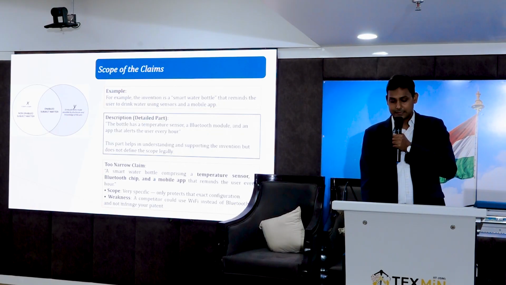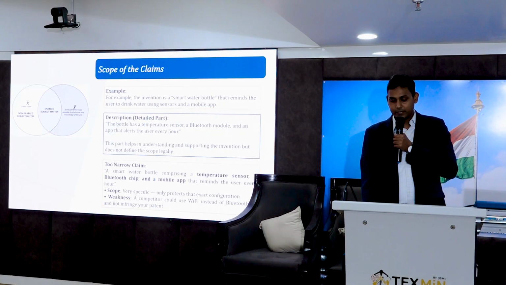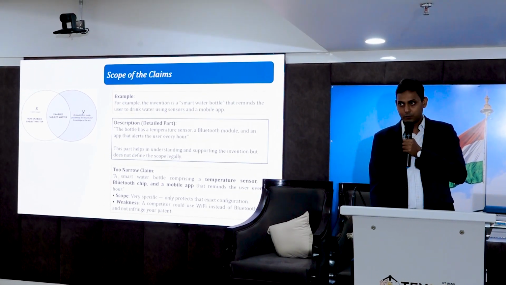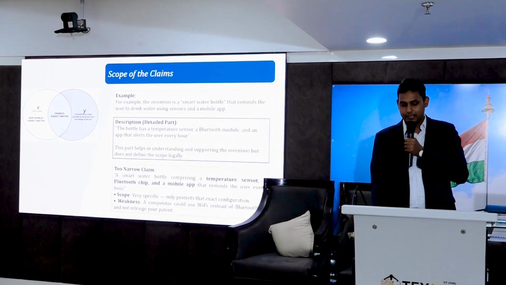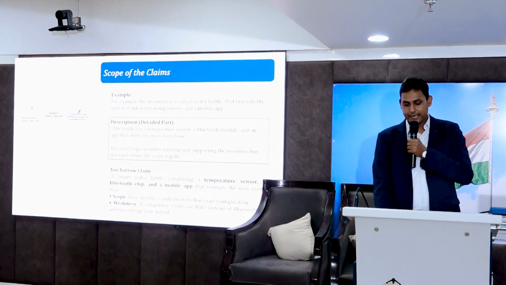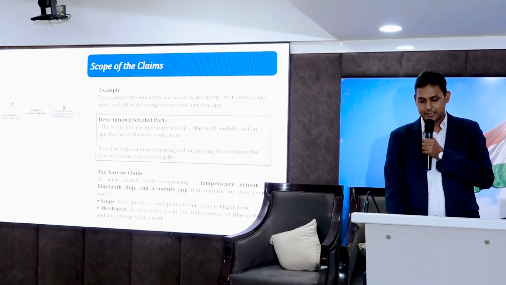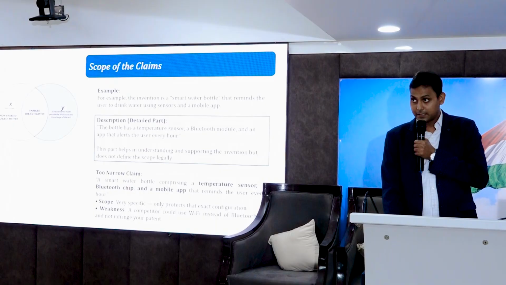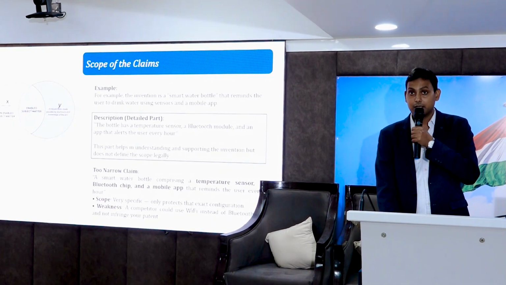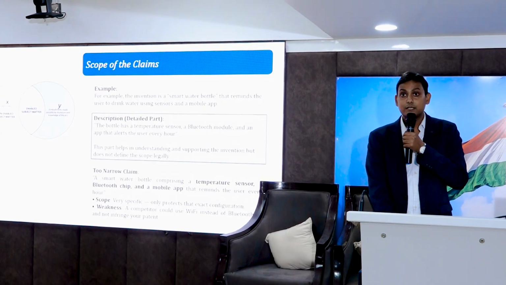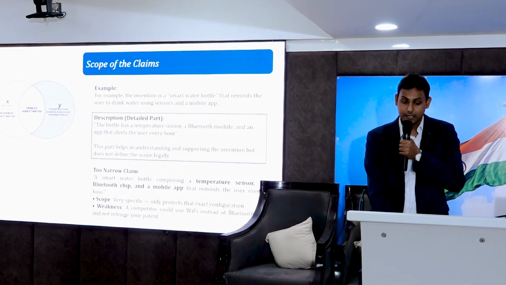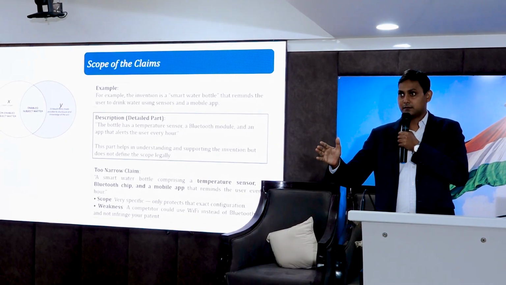So what is the weakness? See, a competitor could use Wi-Fi instead of Bluetooth, because in claim number 1, the independent claim, what you have written is a smart water bottle comprising a temperature sensor and a Bluetooth chip. So you have specifically mentioned the Bluetooth chip. If any other person comes and claims we are using Wi-Fi and not Bluetooth, because Wi-Fi has more range than Bluetooth, then they will bypass your invention.